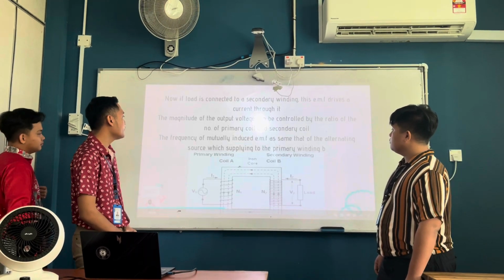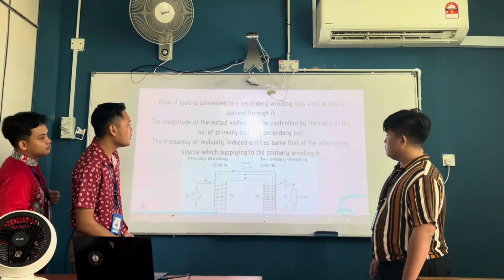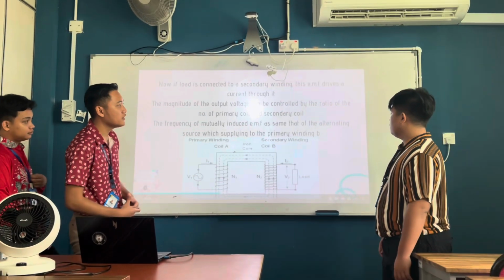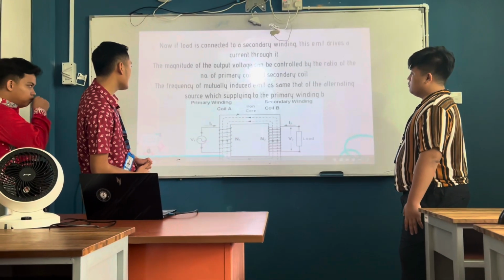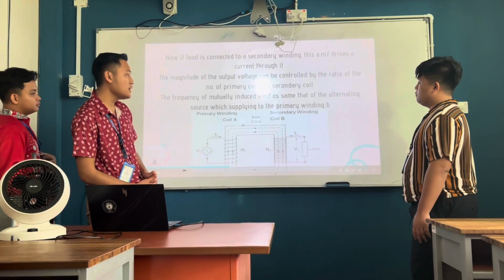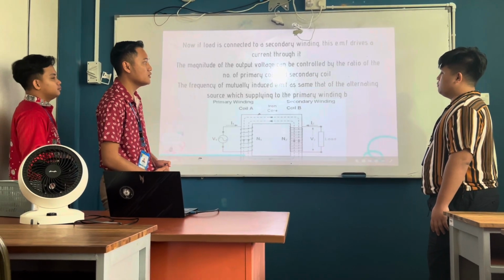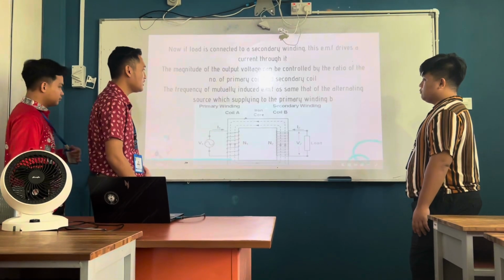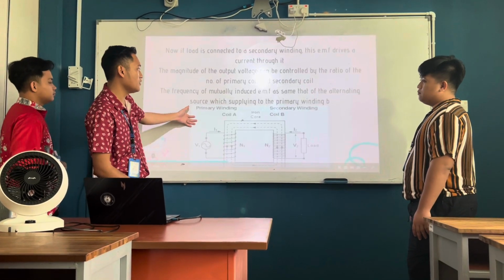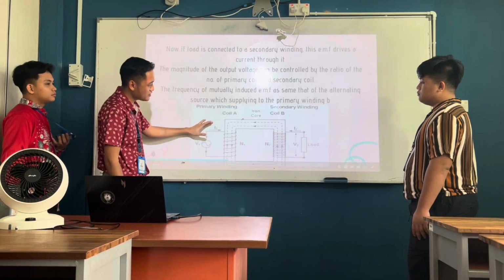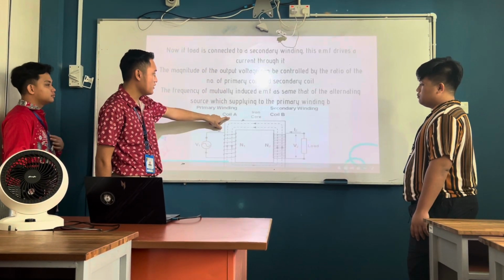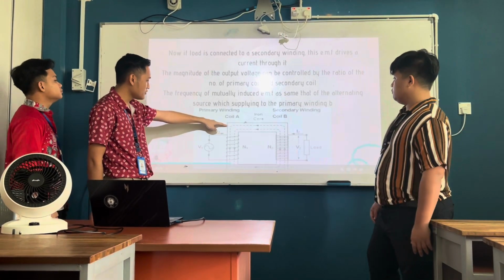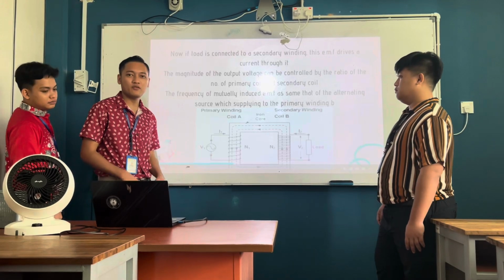The frequency of the mutually induced EMF is the same as that of the alternating supply to the primary winding. So this is the primary winding and secondary winding. In this picture we have core A and core B. This is the iron core.